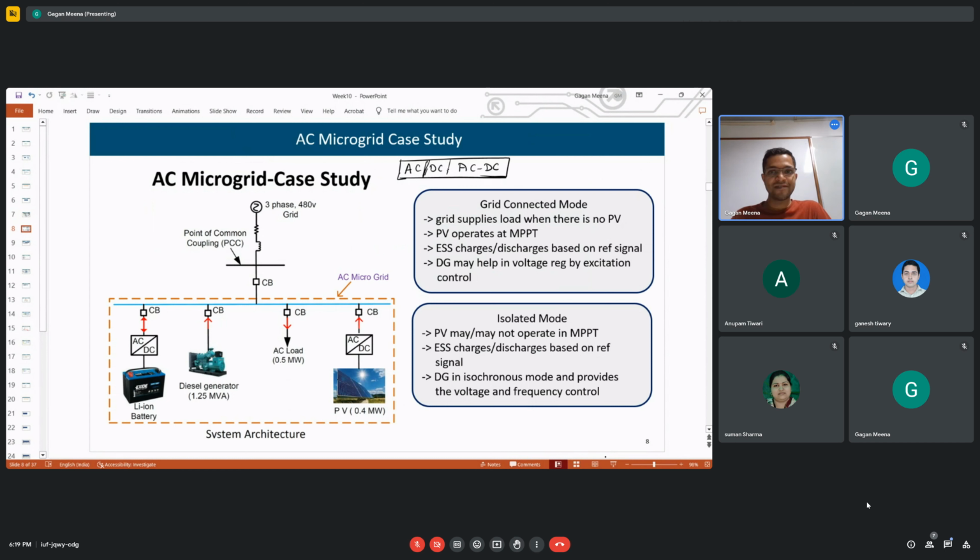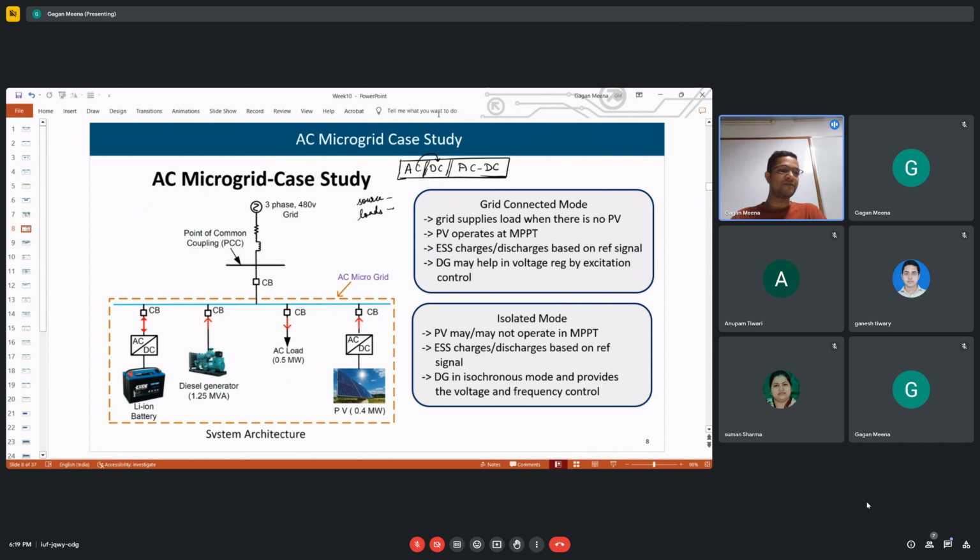But from AC we went to DC because several loads are DC and several sources are DC, so we want to avoid the intermediate conversion stages, AC DC, DC AC, DC AC DC. That is why we went for DC, but the actual system is still AC.